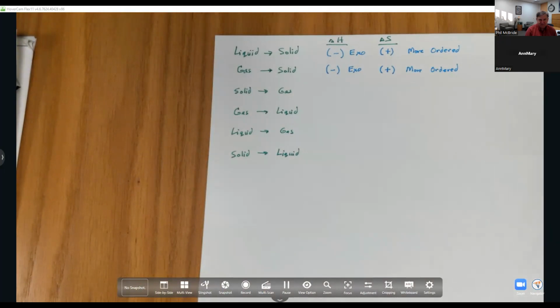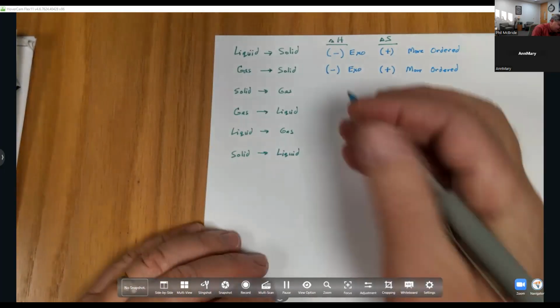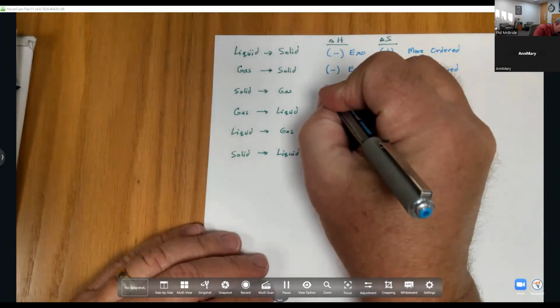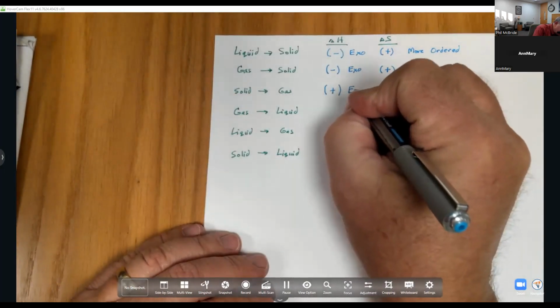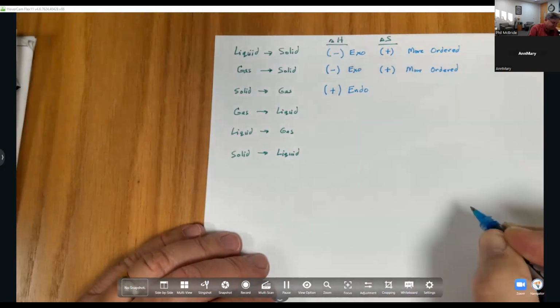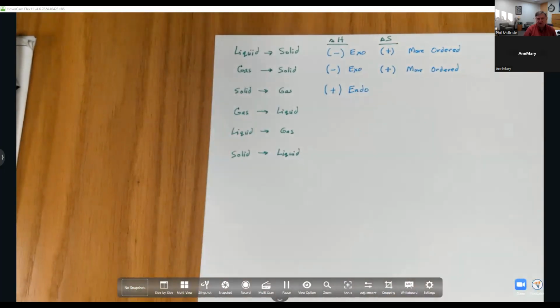So to go from a solid to a gas, does it need to get warmer or colder? Warmer. So is it going to absorb heat to get warmer or will it release heat to get warmer? Absorb. Right. So is that positive or negative? Positive. Right. And so that one would be endothermic. Now, is this more ordered or more disordered?